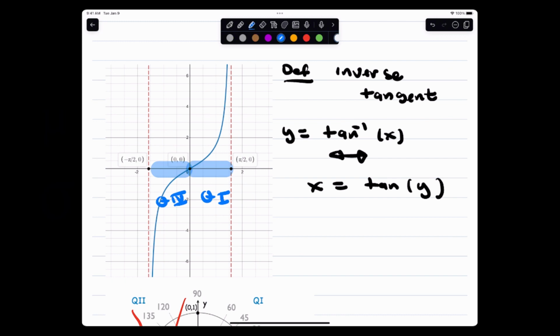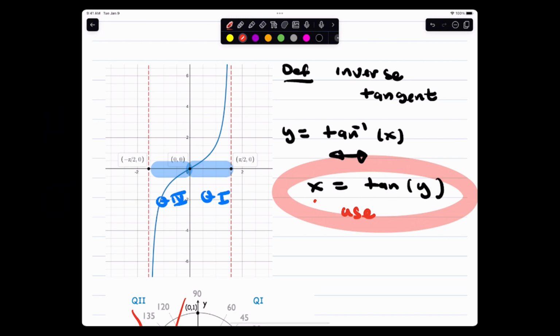And again, like before, this portion is what we use. We use that portion, meaning that's going to be our theta again. So here's again the definition of inverse tangent.